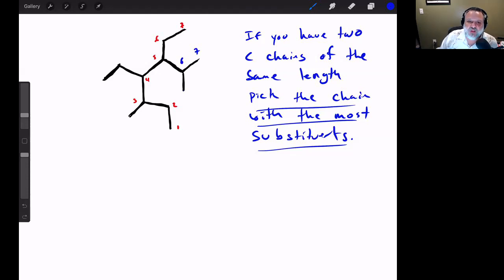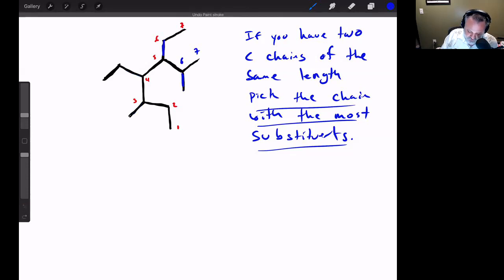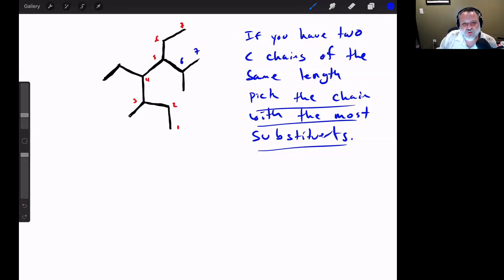And so the red chain would have 1, 2, 3 substituents, and the blue chain would have 1, 2, 3, 4 substituents. So we'll pick the blue chain. We'll number it in the 7 carbon chain that ended with the blue numbers.